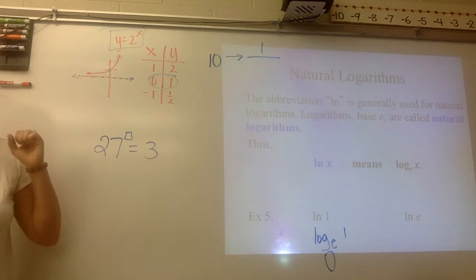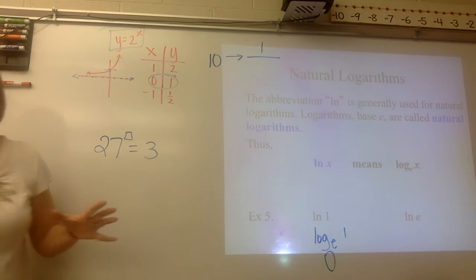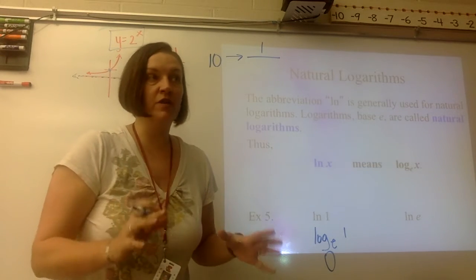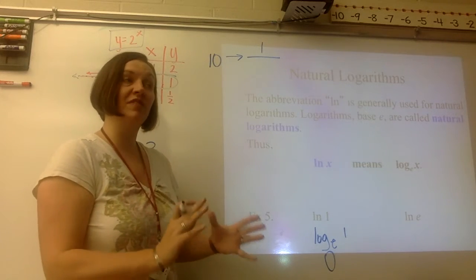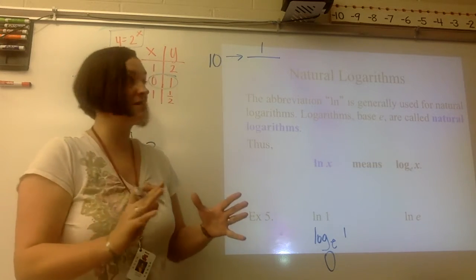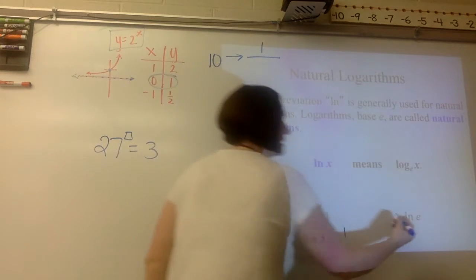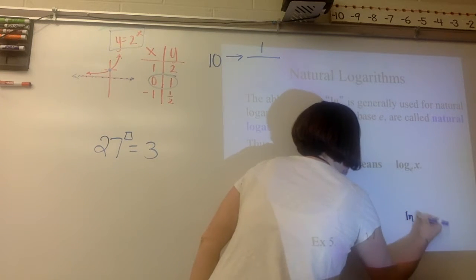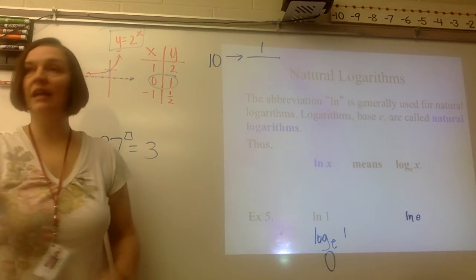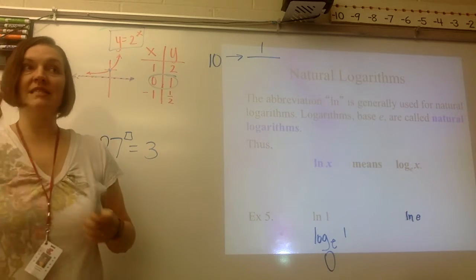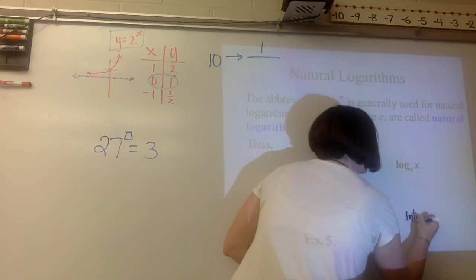Now, example 5. For those of you rewatching this video, this is probably the most important part of getting the problems correct that involve e. If you notice, I'm going to write ln, and I'm going to write e in blue. The e that I just highlighted in blue is in the answer spot.